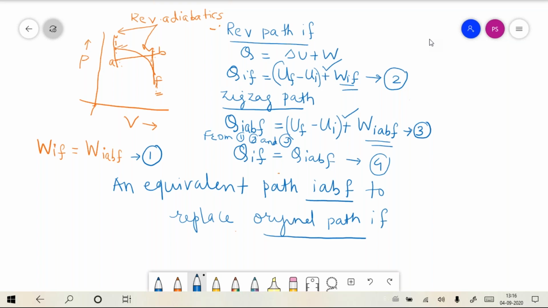It is a zigzag path comprising a set of three processes: two reversible adiabatics not intersecting with each other, mind well, with a reversible isotherm in between. So this is the first part of the theorem proof: any reversible path IF can be replaced by an equivalent zigzag path comprising two reversible adiabatics and a reversible isotherm.